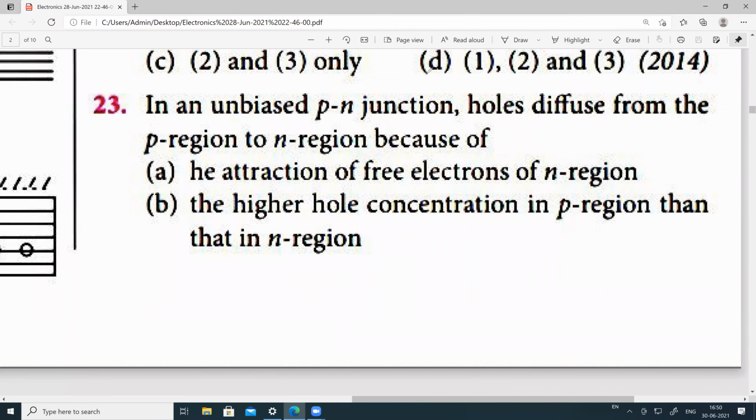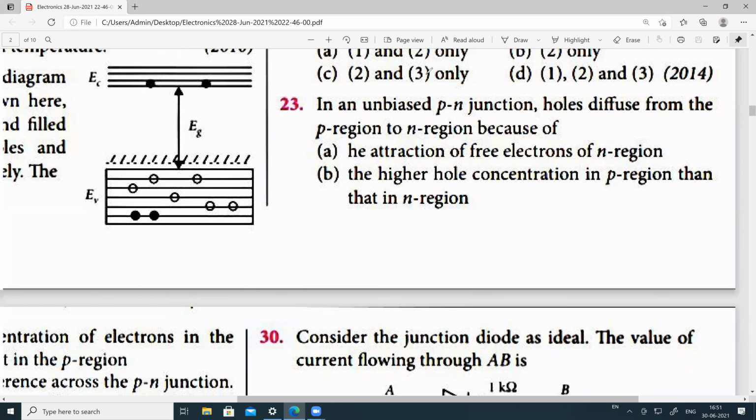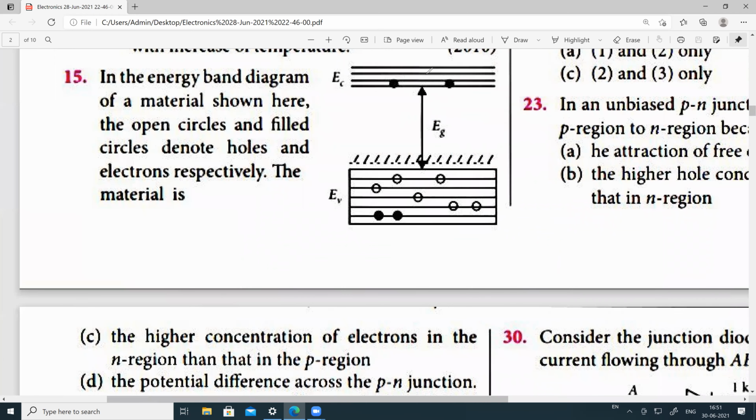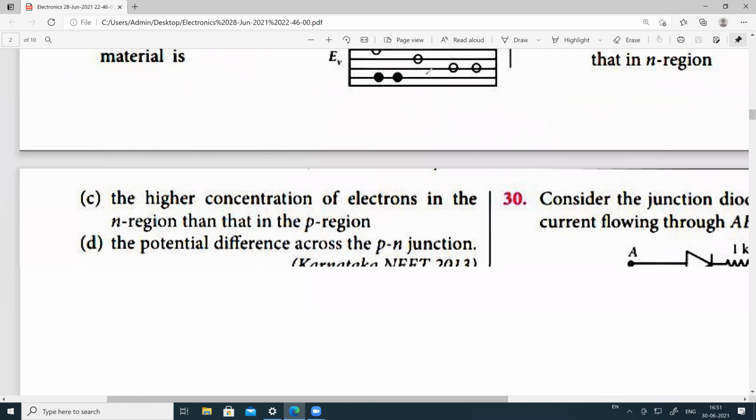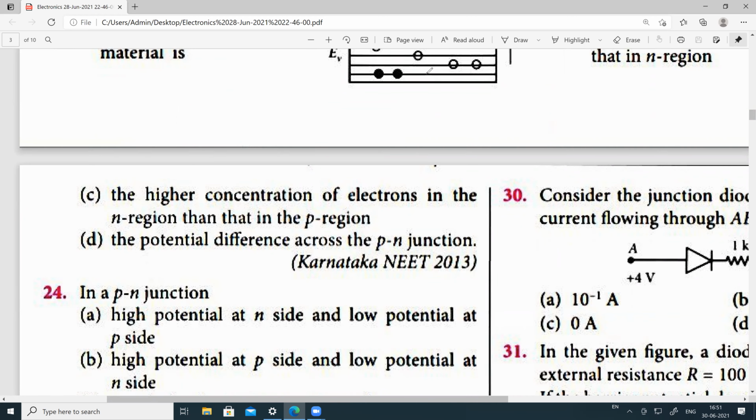Twenty-third one. In an unbiased PN junction, holes diffuse from P region to N region because of first option, the attraction of free electrons of N region. Second, higher hole concentration in P region than in N region. Third option, the higher concentration of electrons in N region than in the P region.